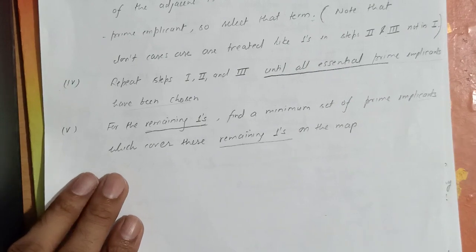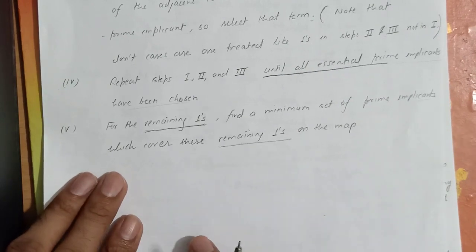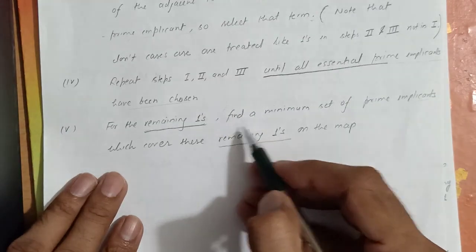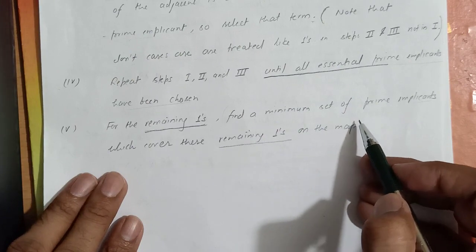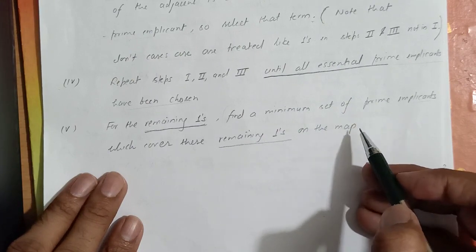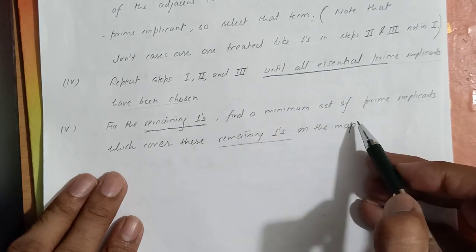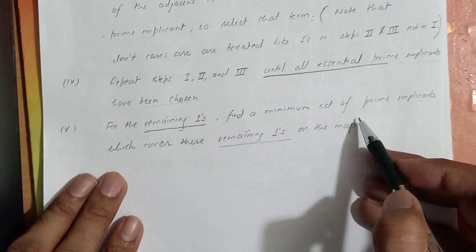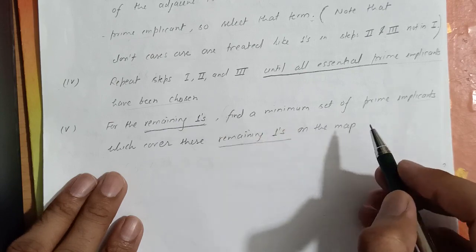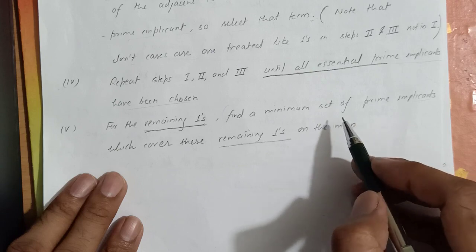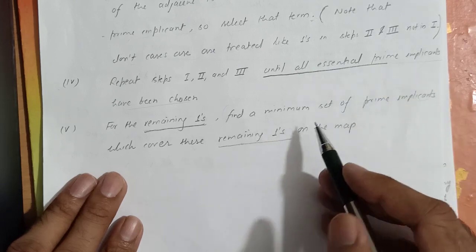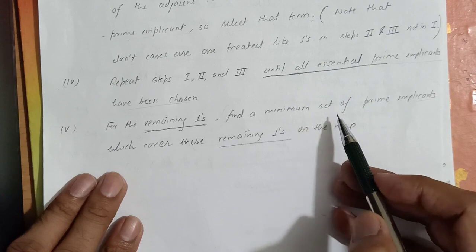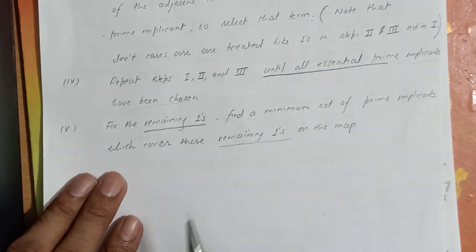This activity itself has some randomness, or you can say this activity consists of hit and trial. Why? Because we will find all the prime implicants and then we will choose the minimum set of prime implicants that cover the ones.